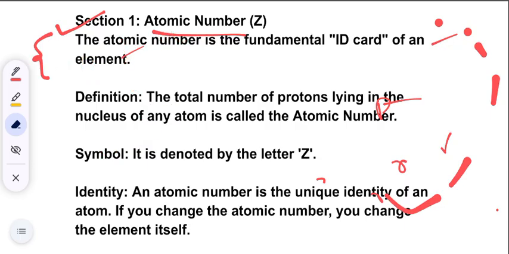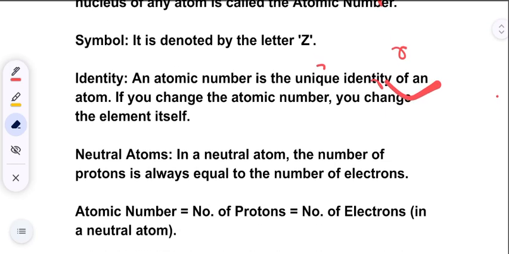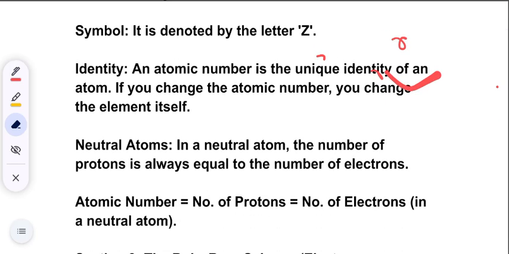Now, the symbol of atomic number, as we talked about, is capital Z. Identity: how can you identify an atom?